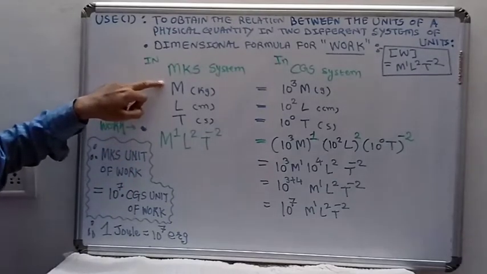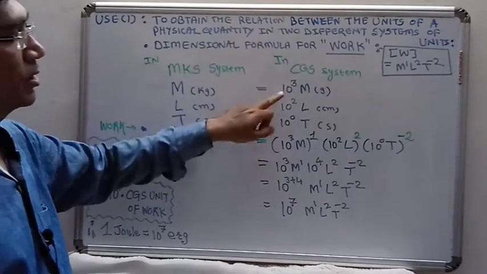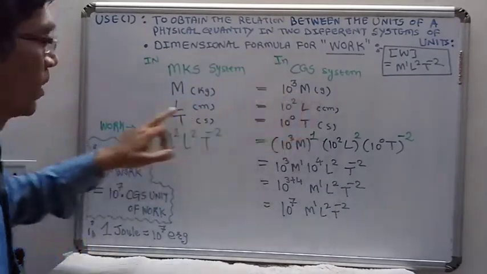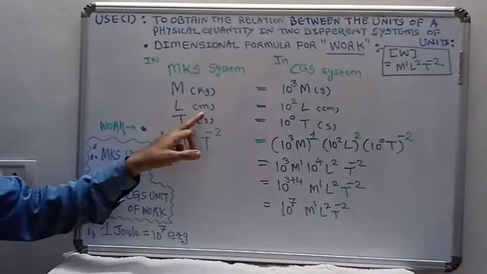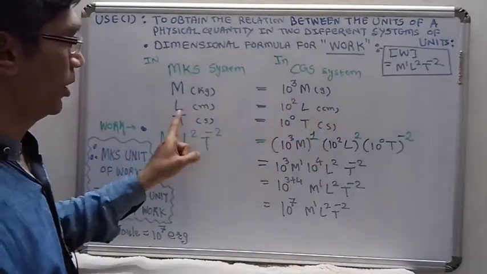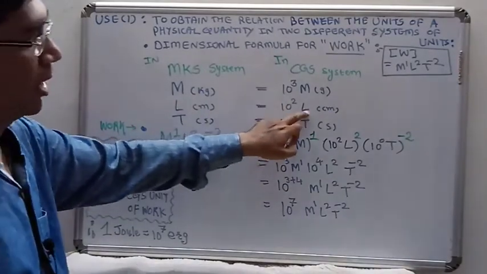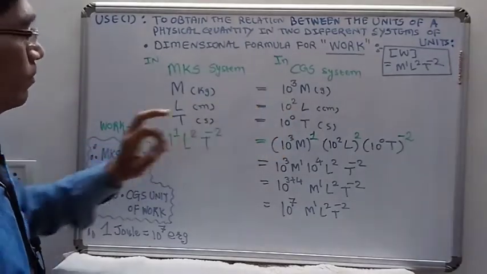Mass in the MKS system is in kilograms, in CGS it is 10^3 gram. Length is L meter, here 100 centimeter, since 1 meter equals 100 centimeter. So it is written as 10^2 L.